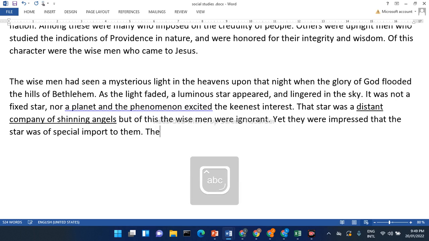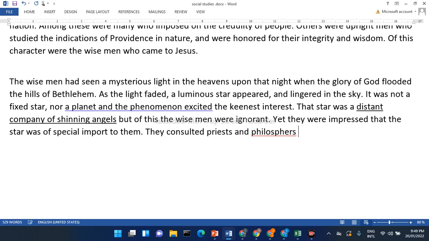So they consulted priests and philosophers, and searched out the scrolls of the ancient records.